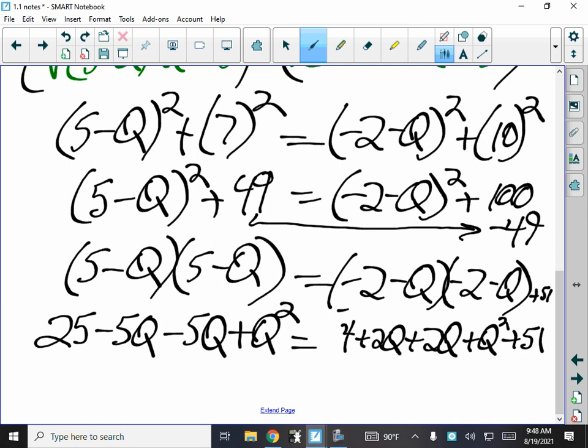There, foil. Fun. But look, you're thinking, dang, that's got a q squared. That's going to be really tough. Well, there's a q squared on both sides. If there's a q squared on both sides, what happens to the q squareds? I'm so glad you picked the letter Q.